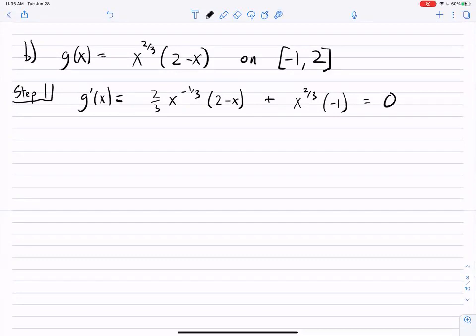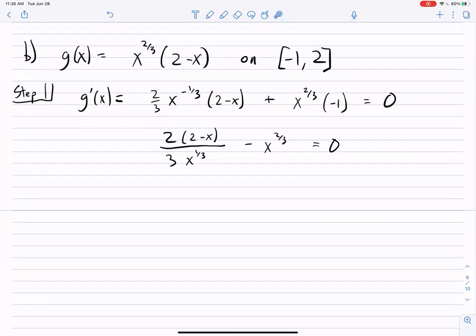Let me rewrite it. It's going to be 2/3, and I'm going to bring that x to the -1/3 to the bottom. So it's 2 times 2 minus x all over 3 times x to the 1/3 power, minus x to the 2/3 power, equals 0.